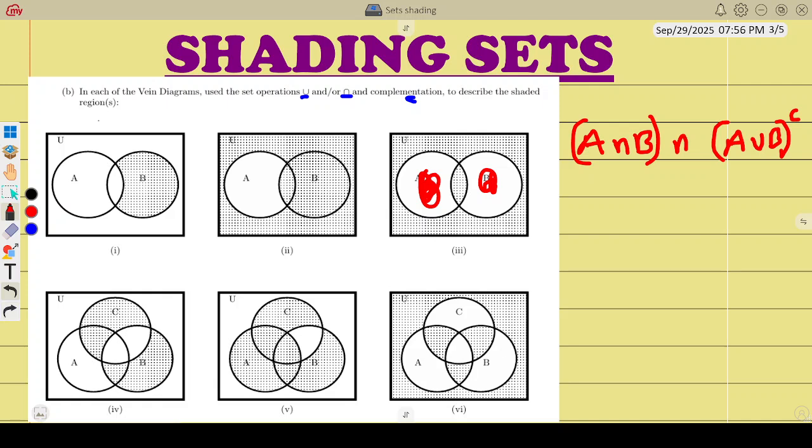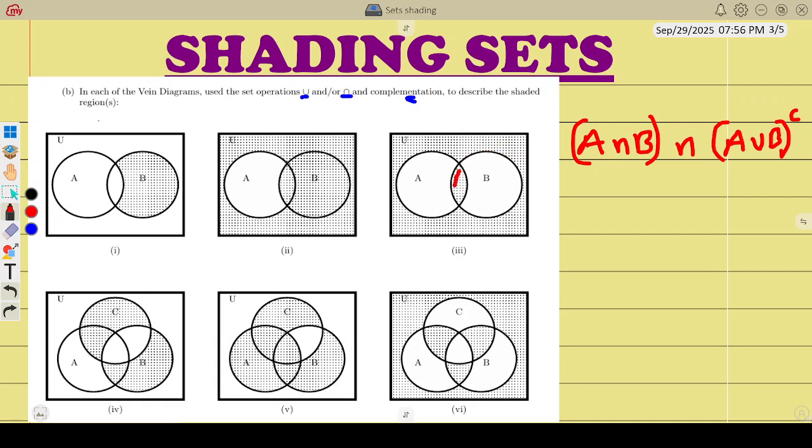Intersection or union. Yeah, so this is why you'll be losing marks a lot. So you can just think like, if I put intersection, would this make sense? If we say intersection, it simply means A intersection B, this part.